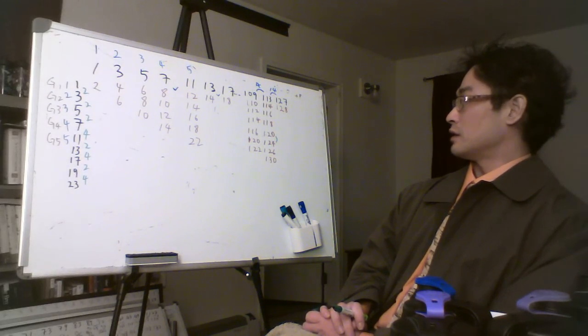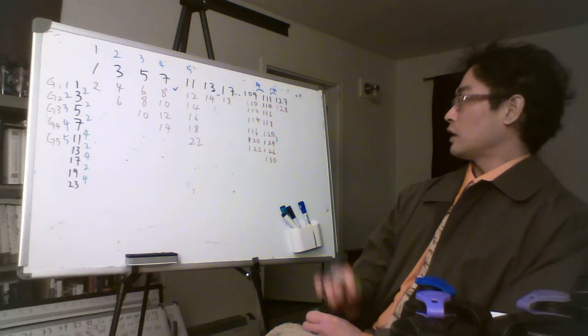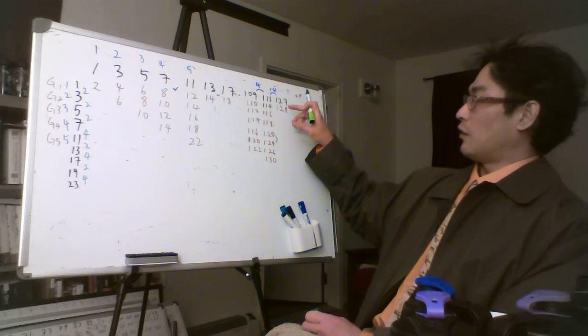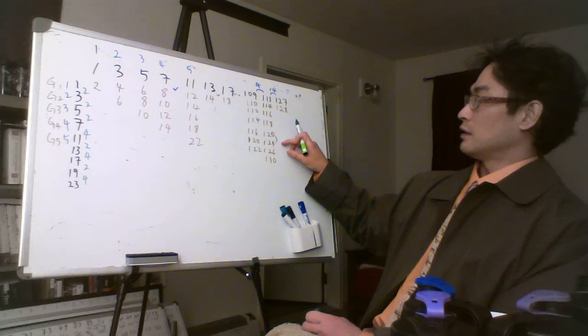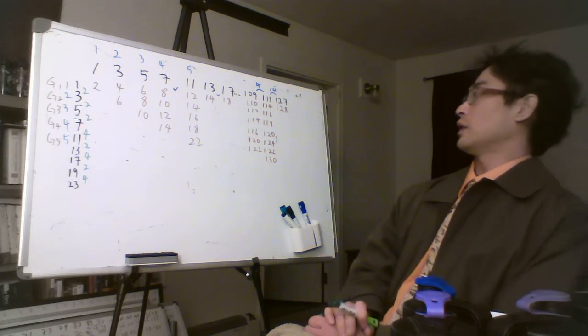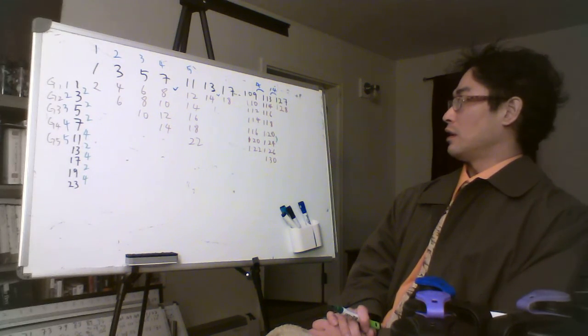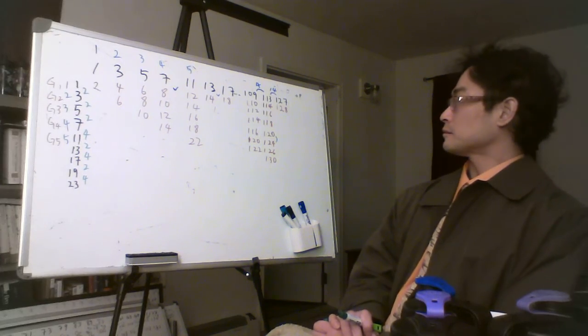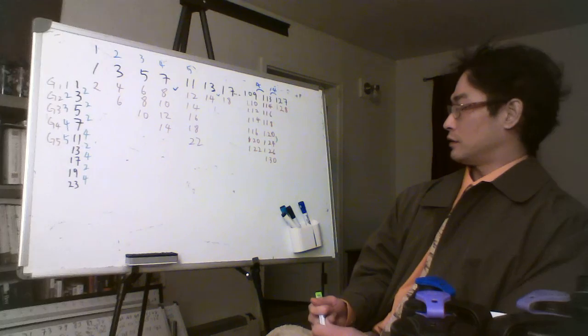Now the question is, can we find this vertically missing link in the previous column? Can we always find it?